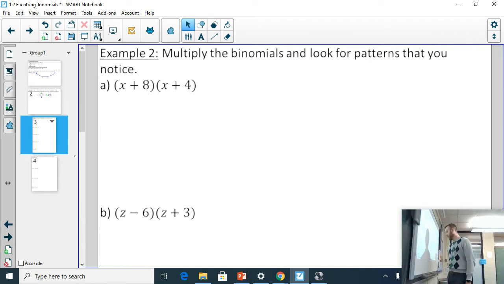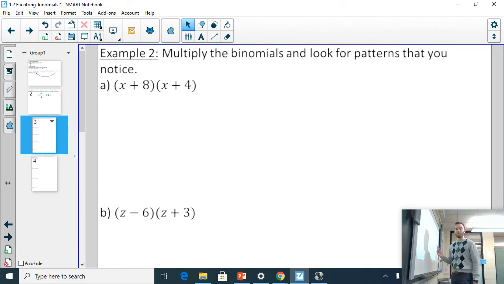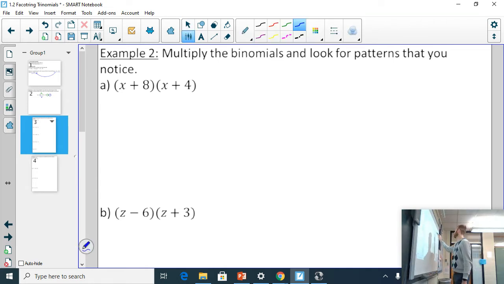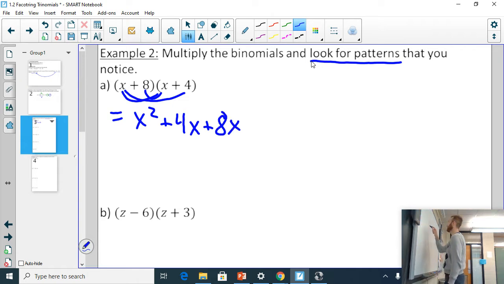So we're going to multiply some binomials again, something we should be used to at this point. But this time I really just want us to look for some patterns. So let's go through this. We have x times x, which is x squared. We have x times 4, which is 4x. And we have 8 times x, which is 8x. And we have 8 times 4, which is 32.